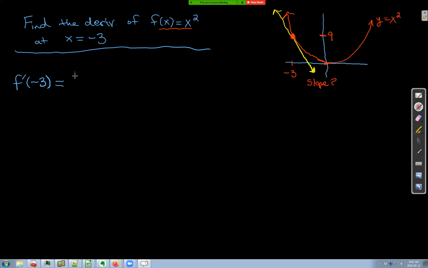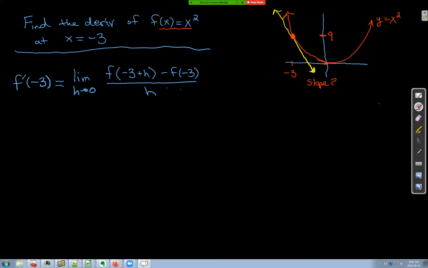The definition of the derivative is the limit as h goes to 0. The derivative always starts with the limit as h goes to 0. Then in the numerator you have f of negative 3 plus h minus f of negative 3, and then you divide by h.